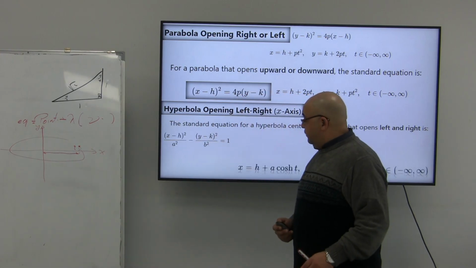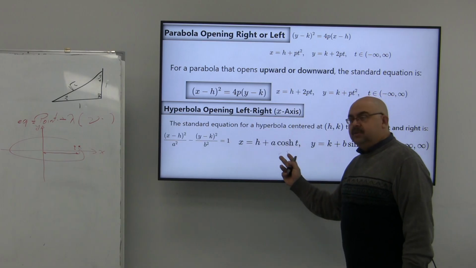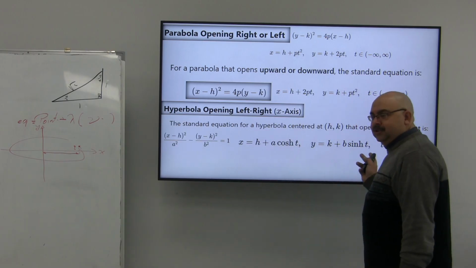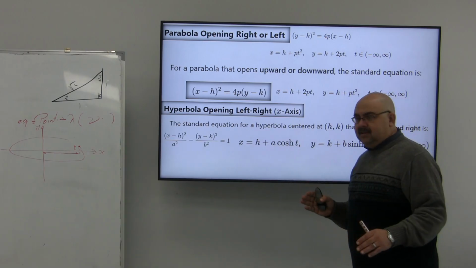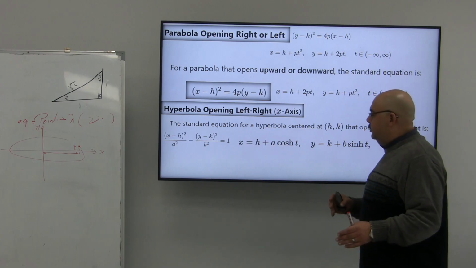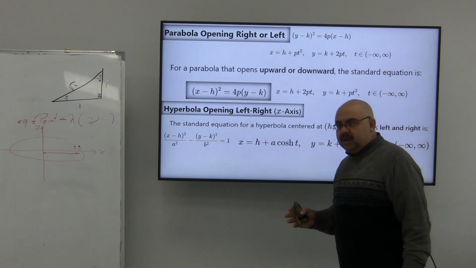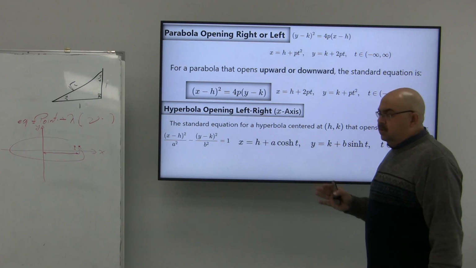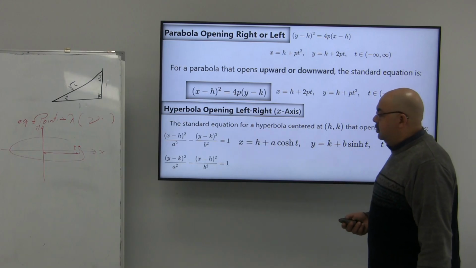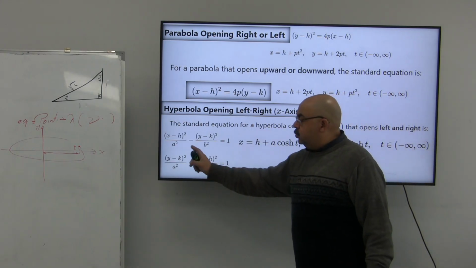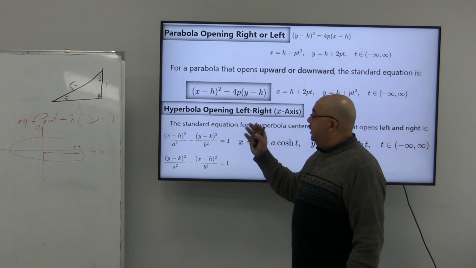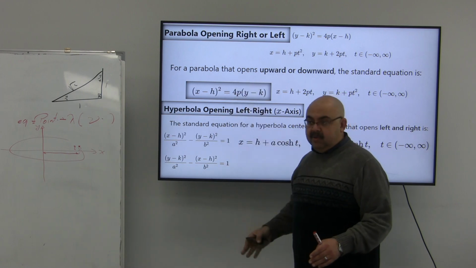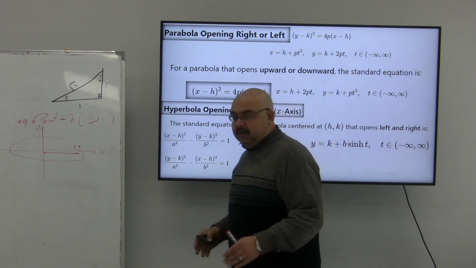In this case, the funny issue is I will use cosine and sine. It's exactly like circles, but instead of cosine, we will deal with cosine hyperbolic with the same definition and everything. And also, this is the case if you have the switch, so instead of opening left and right, it's opening up and down. Okay? You remember this?